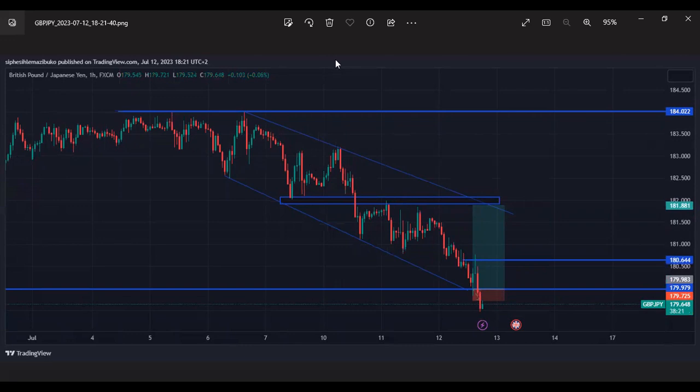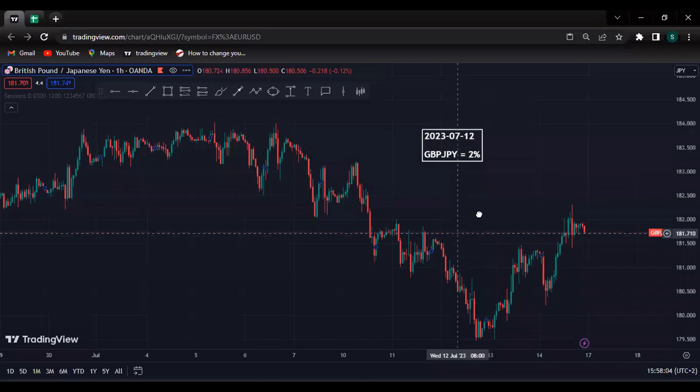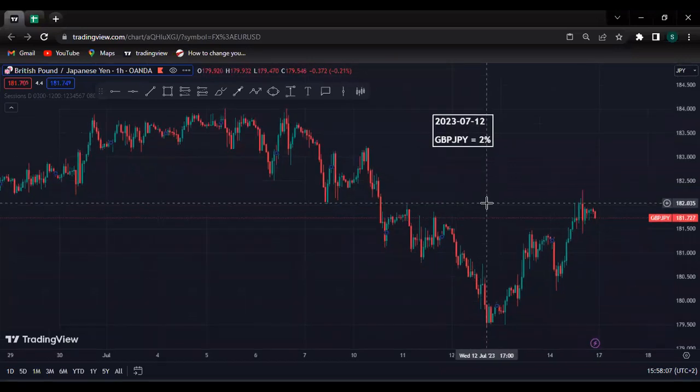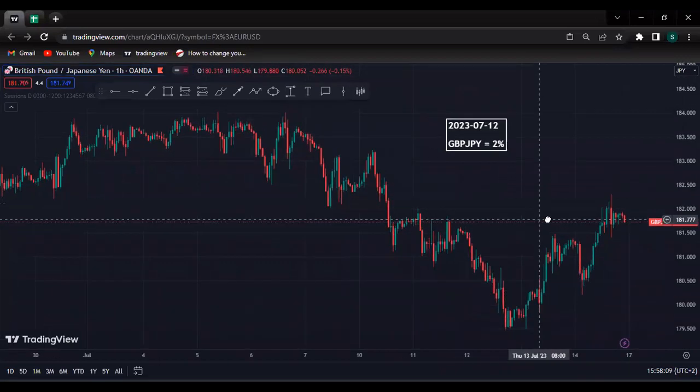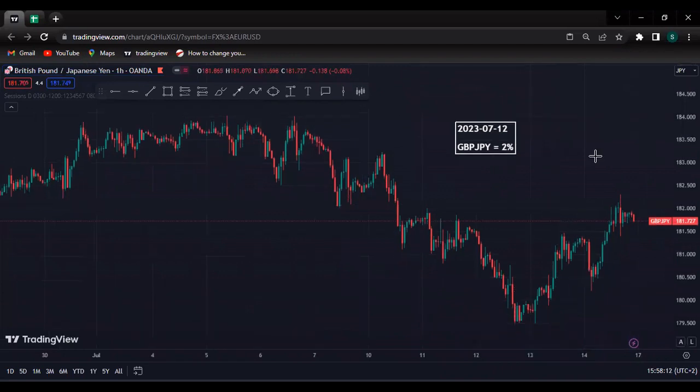So let's move to the real life market so I can show you how I was able to catch this analysis. Okay, so let me go to TradingView. As you can see here, basically what I had seen was, okay, here.